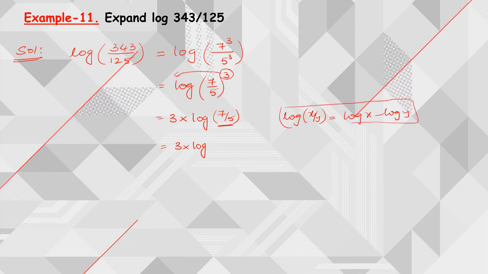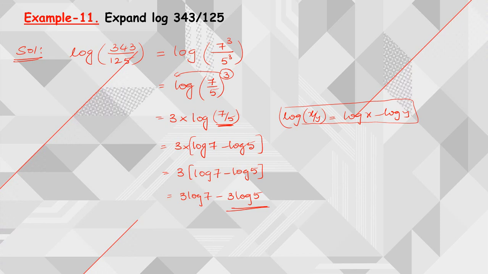This formula we know, right? Using this formula, log 7 by 5 I can write as log 7 minus log 5. So this is nothing but 3 times log 7 minus log 5. Or if you want to write it individually, you can write it as 3 log 7 minus 3 log 5. Anyhow, you can answer it.